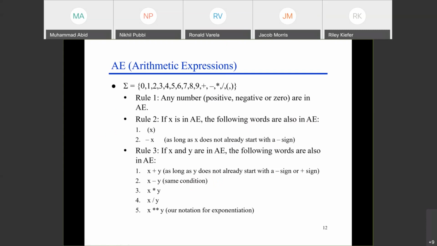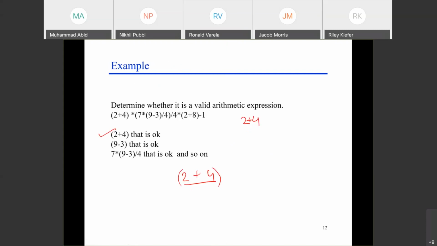Now we follow the same logic, because now we know where we will start. We cannot start from this star or this parenthesis. We need to start from this inner thing, because if we start from this, then it will grow and then we can make this. First we think that 9 is in arithmetic expression by rule 1, 3 is in arithmetic expression, 9 minus 3, x minus y.